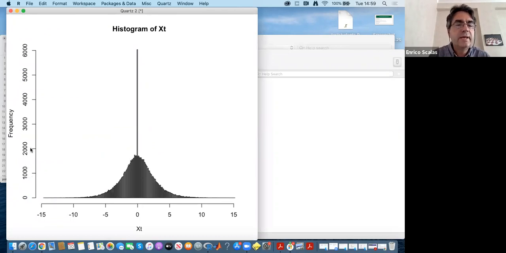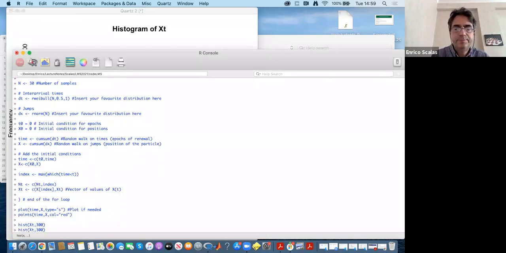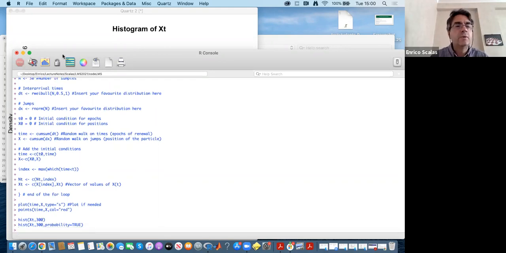So this is not a probability plot, but I can always write here something like that. I don't always remember this. Let's try like that. Yeah, it's working, and let's see.